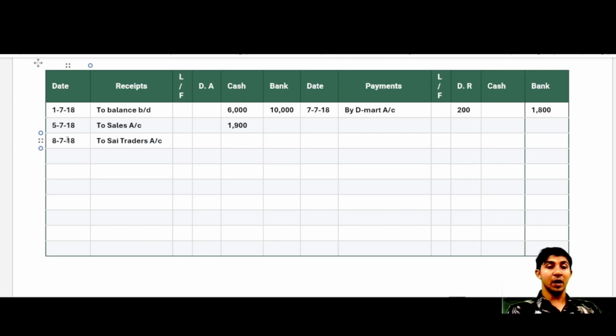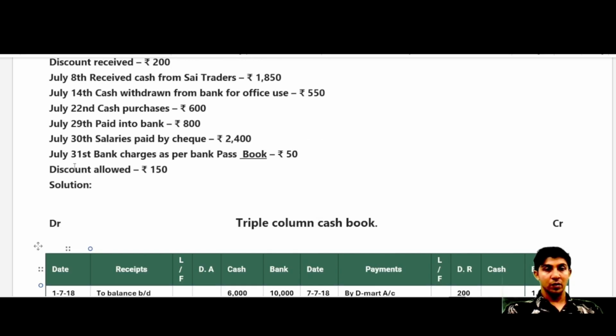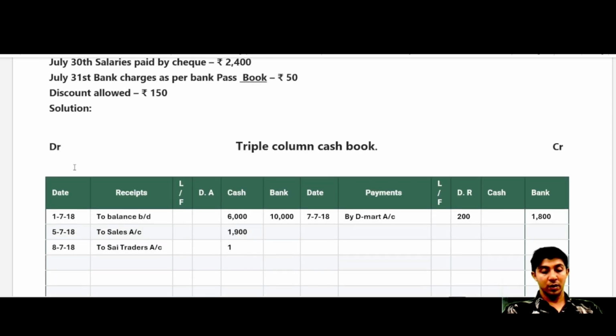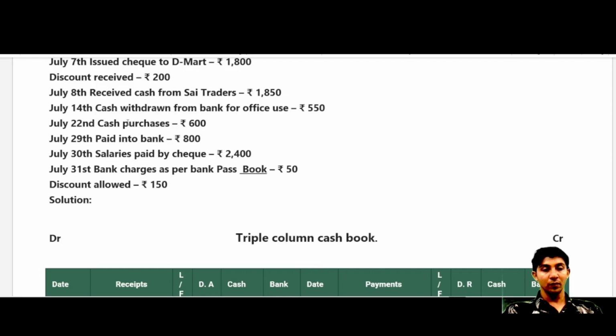What is the amount? The amount is 1,850. 1,850 is the amount.